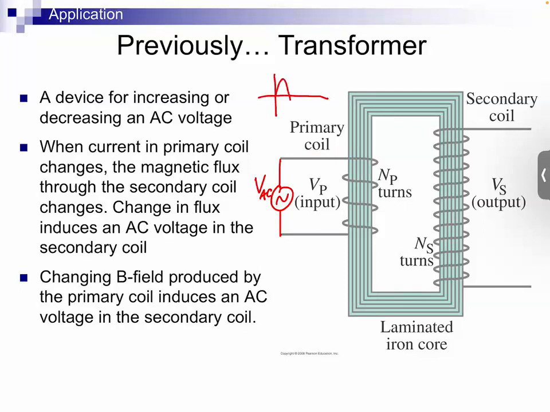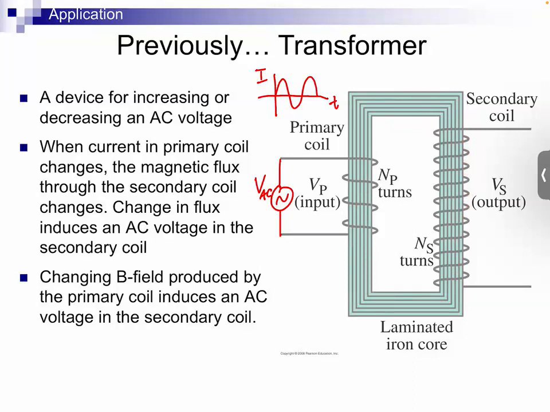If you look at the behavior of an alternating current, the magnitude of the current, or the size, amplitude of the current, changes with time, and therefore that creates a magnetic field that's changing in magnitude as well, right?